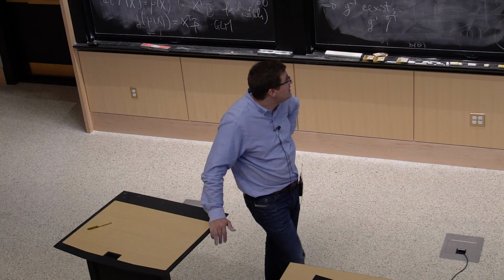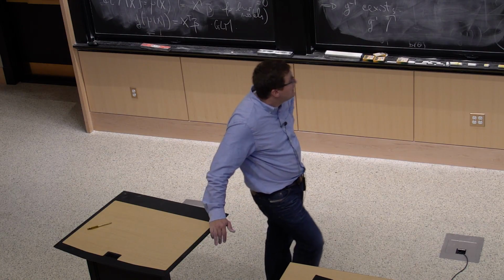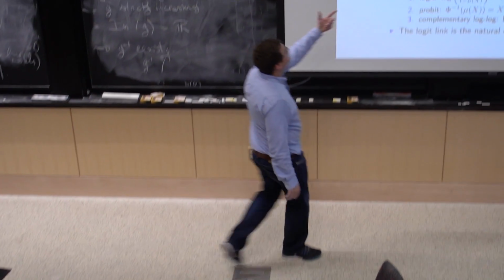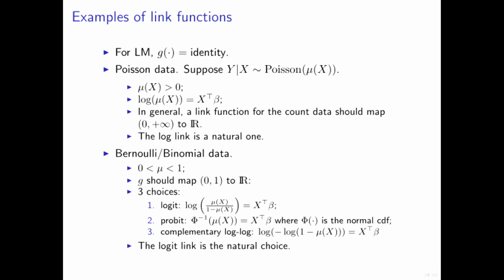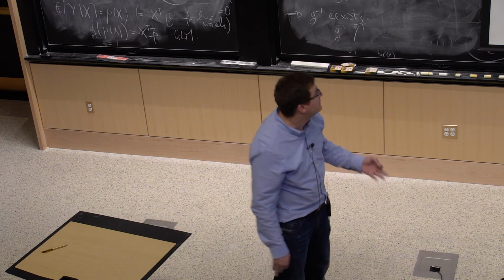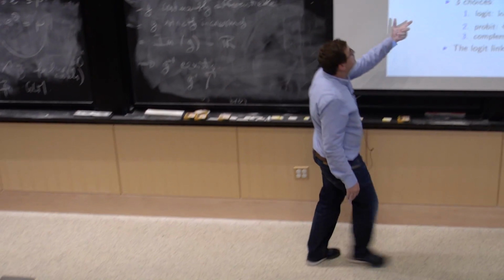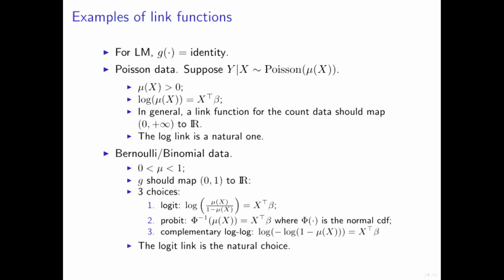So I need a g that goes from the interval 0, infinity to the entire real line. Here, for example, I could take the log link. The log is defined on this entire interval, and as I range from 0 to plus infinity, the log is ranging from negative infinity to plus infinity.